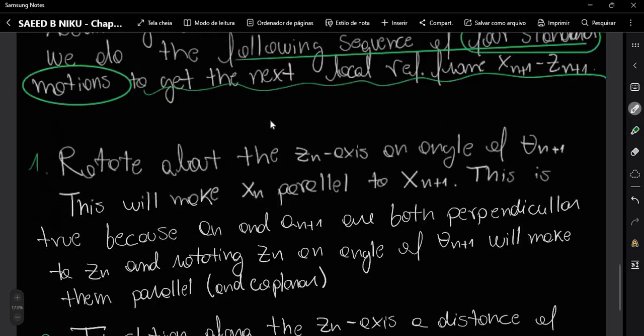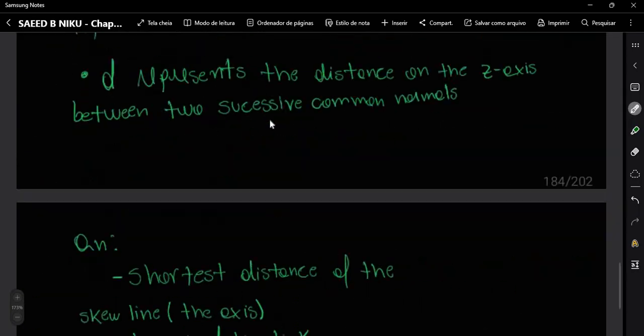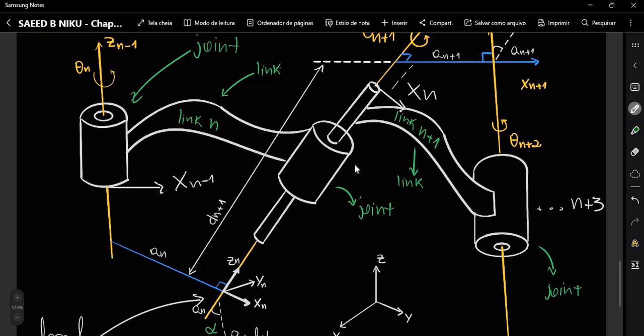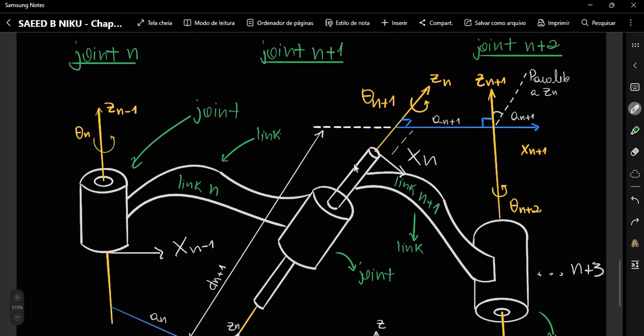Let's check this. Okay, right here, a translation of distance dn plus 1 to make xn and xn plus 1 collinear.